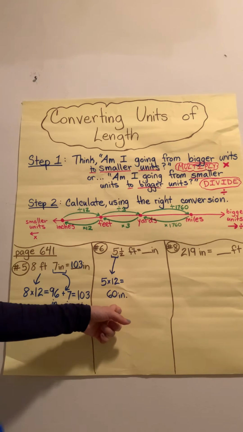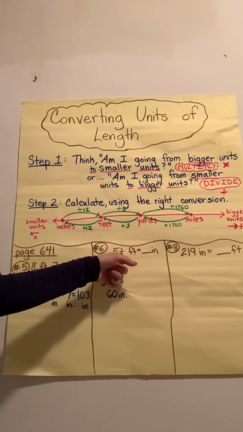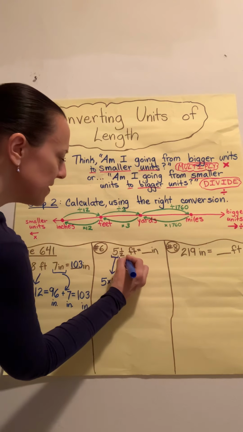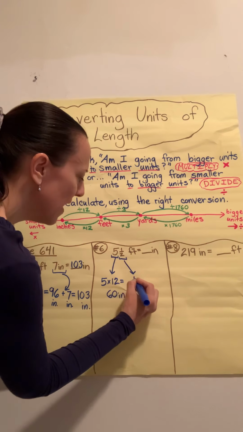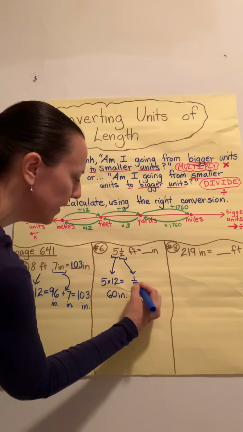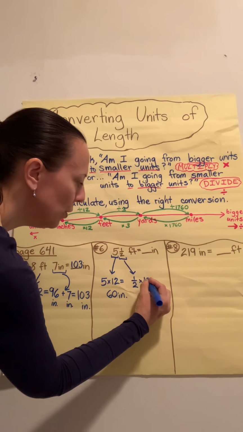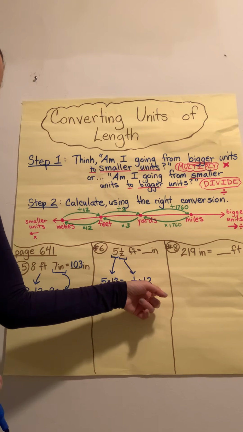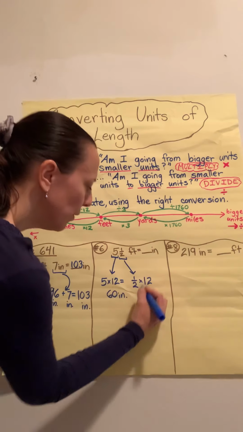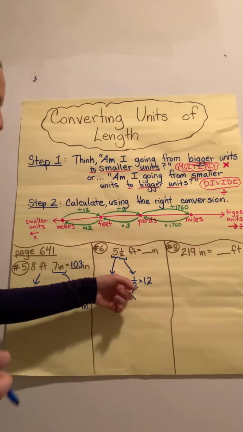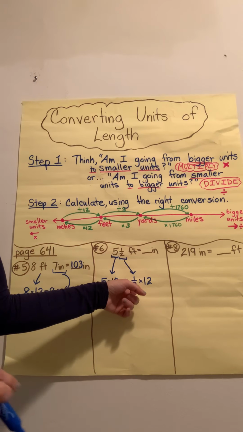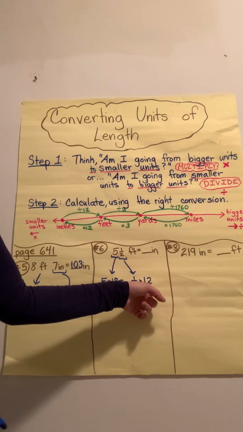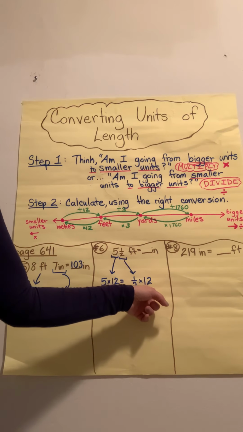But I didn't just have 5 feet, I had 5.5 feet. So now I need to decide what is half a foot in inches. I could do 1/2 times 12. Or I could realize that, wait, times 1/2 is really the same as dividing by 2 because I'm taking my 12 inches and breaking it into 2 equal groups.